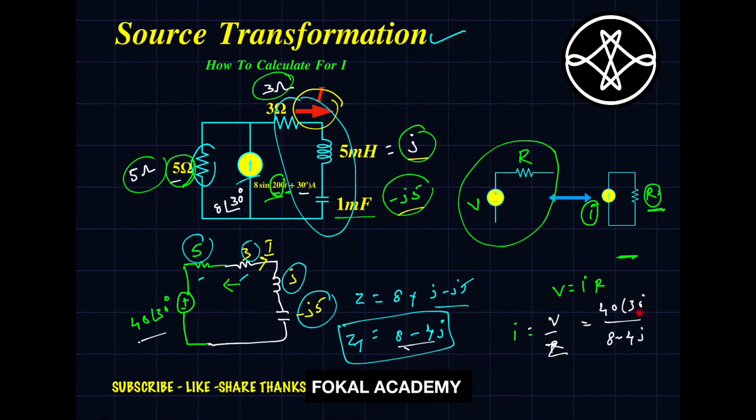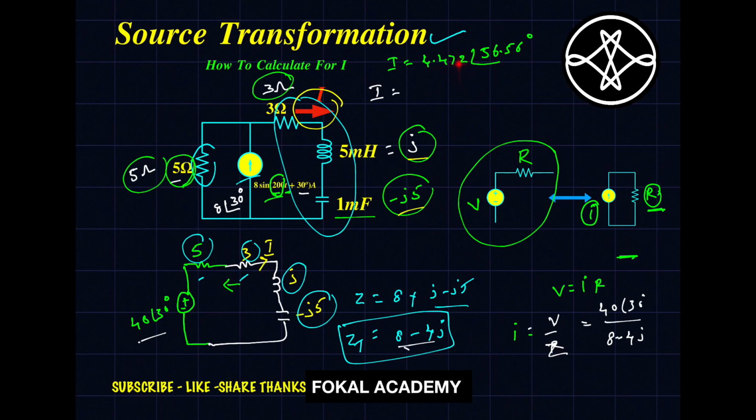By using a calculator, we will get this value in phasor form as I equals 4.472 with phase angle 56.56 degrees. Now convert into sine form, because here the current is in sine.